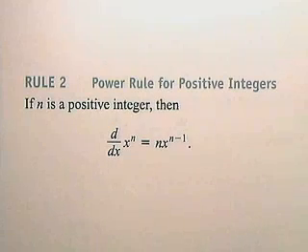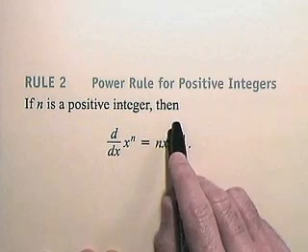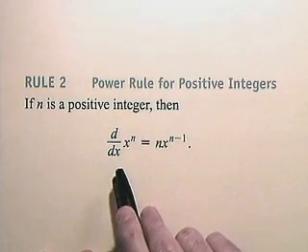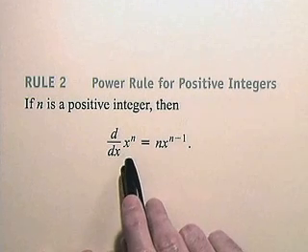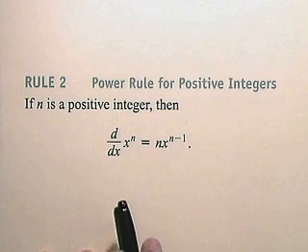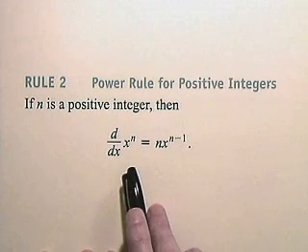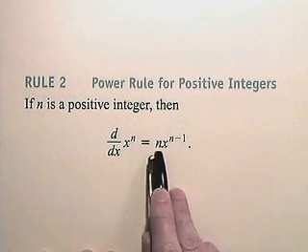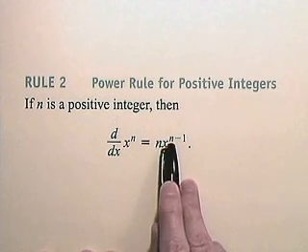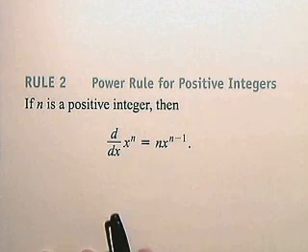This is the rule that enables us to deal with powers. If n is a positive integer, then d by dx of x to the power n, that is the derivative of x to the n, is n x to the power n minus 1. Remember, the way this works in effect is the exponent comes down front, and then the exponent gets lowered by 1.